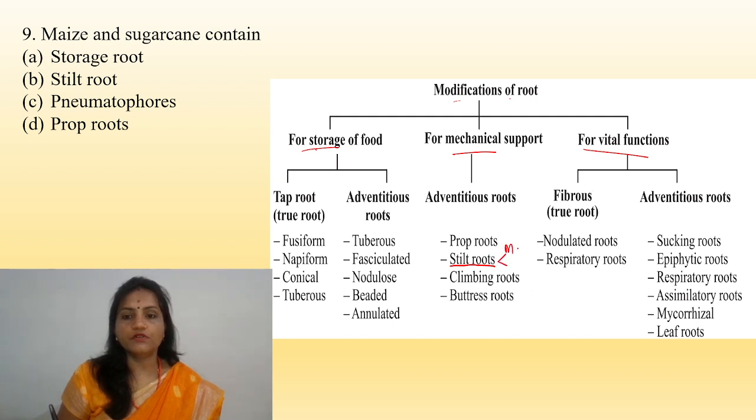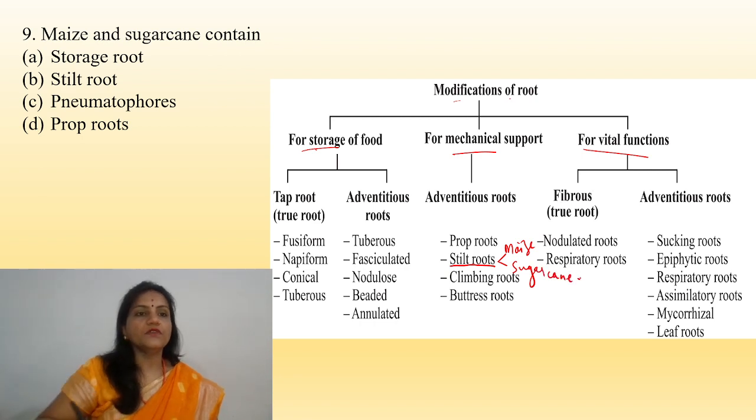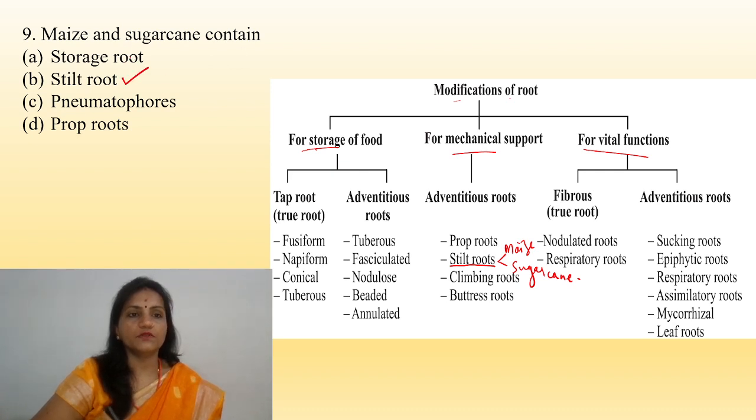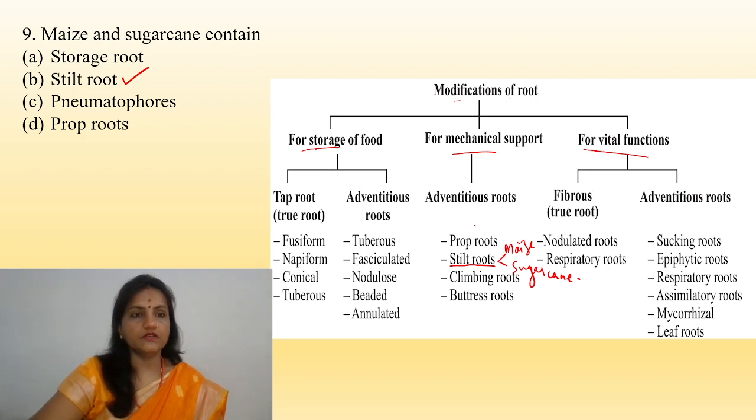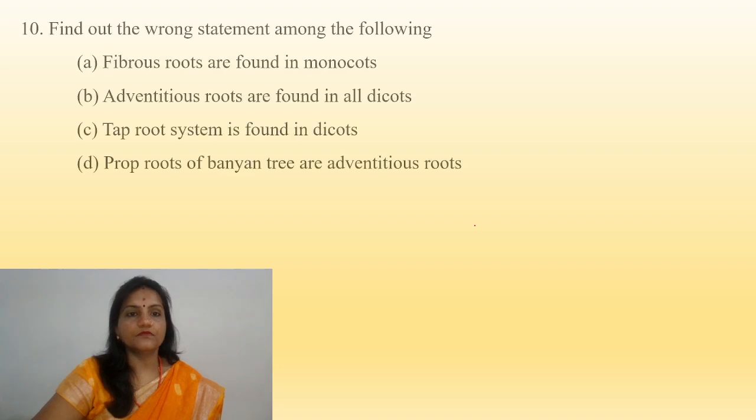So the examples for this are maize and sugarcane. Okay, it is not for the purpose of storage. It is for the purpose of support. So the answer is option B, stilt roots.